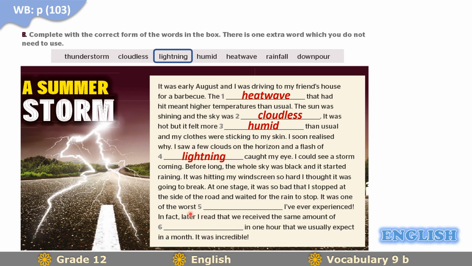It was one of the worst thunderstorms, amazing, I have ever experienced. In fact, later I read that we received the same amount of rainfall in 1 hour that we usually expect in a month. It was incredible.